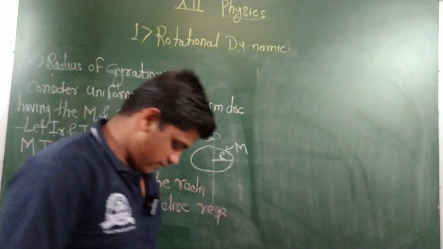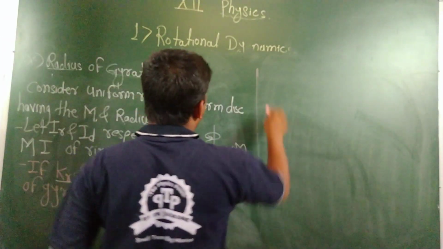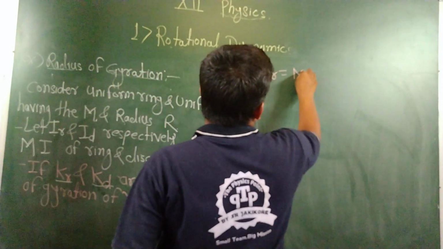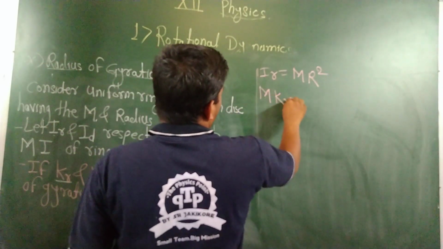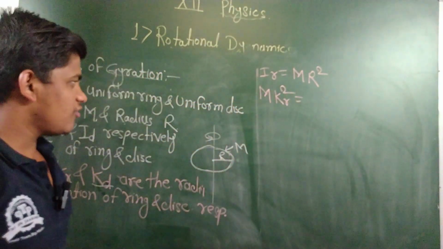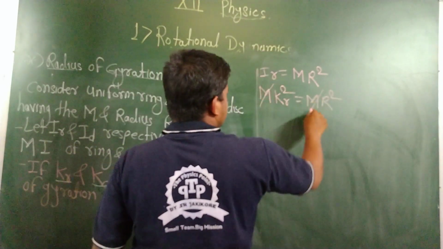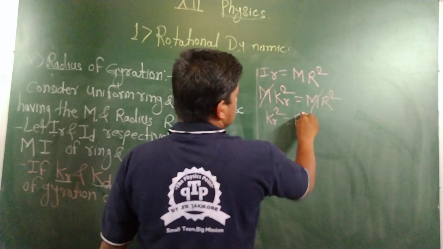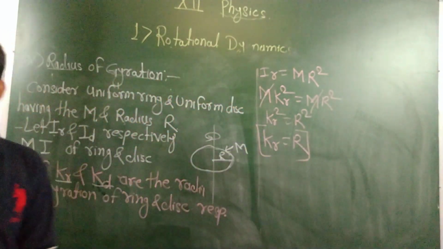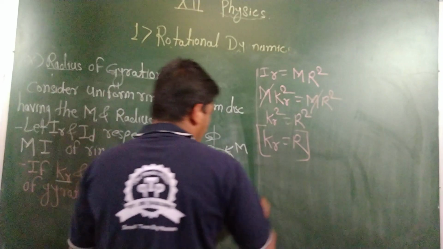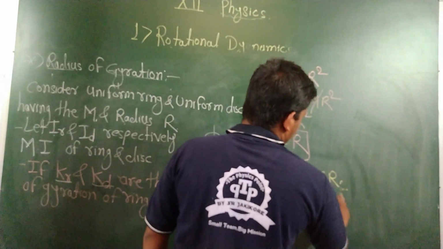The moment of inertia of the ring, IR, is equal to M R square, and in terms of the radius of gyration it is M KR square. Both are equal. Then M gets cancelled, so KR square is equal to R square, and taking the square root on both sides, KR is equal to R.